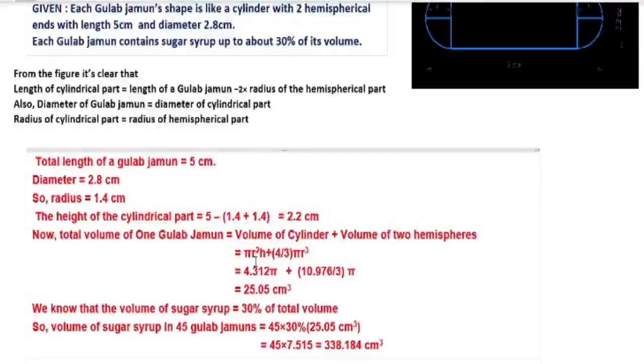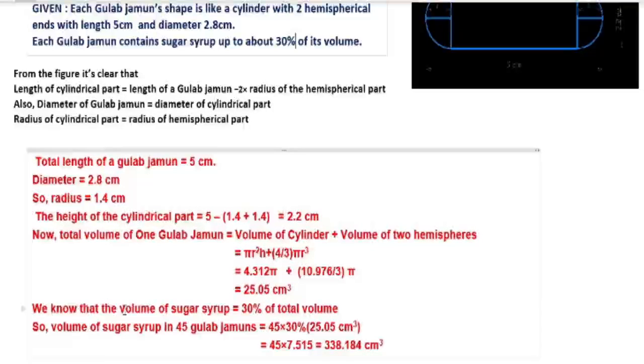So we can write it here pi r square h plus 4 by 3 pi r cube, and put the values here. Radius is 1.4 and height of the cylinder is 2.2, and radius of this hemispherical part is also 1.4. Substituting these values you will get the volume of one gulab jamun equal to 25.05 centimeter cube.